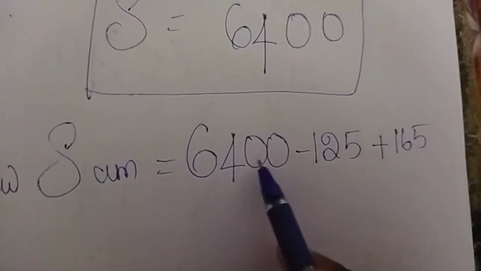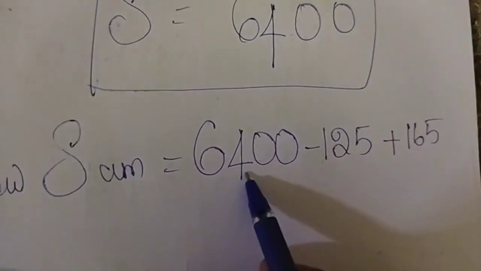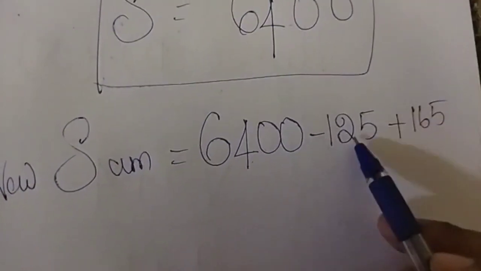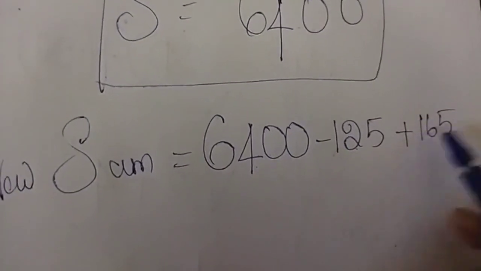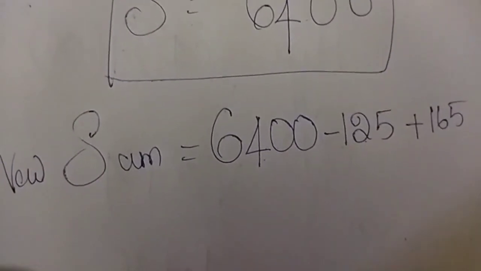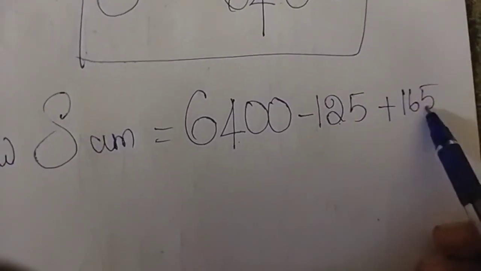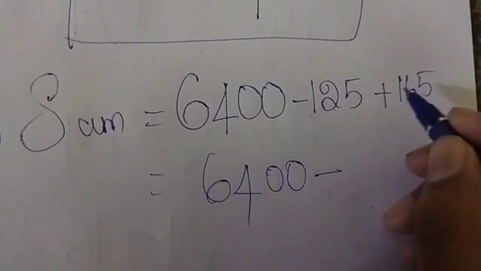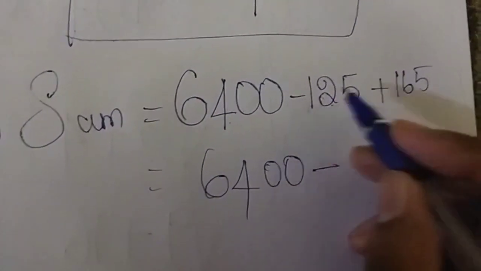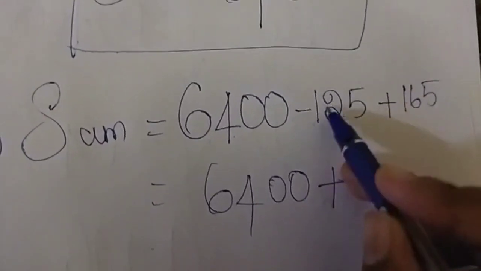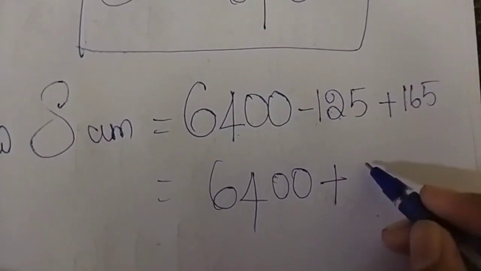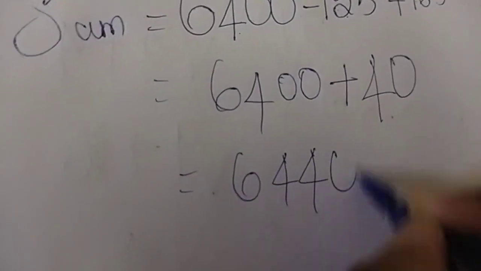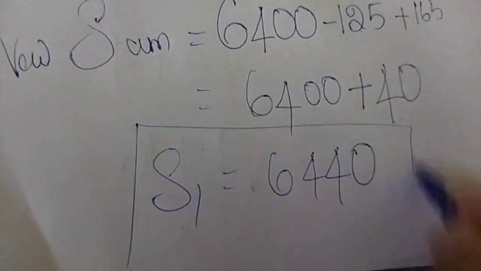This 125 is already in the 6400, so I am removing this 125. That's why I am subtracting. And I need to add the correct data, so I am adding 165. So 6400 minus 125 plus 165. The bigger number sign is plus, so 165 minus 125 we get 40. So we get 6440. So the new sum S1 is equal to 6440.